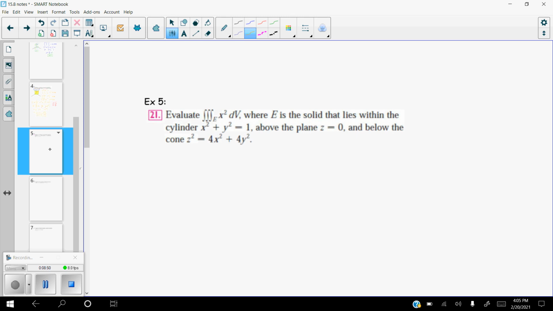Let's evaluate the triple integral of x squared dV, where E is the solid that lies within the cylinder x squared plus y squared equals 1, above the plane z equals 0, that's the xy plane, and below the cone z squared equals 4x squared plus 4y squared. All right, well, let's sketch it first, then we'll deal with the conversion stuff.